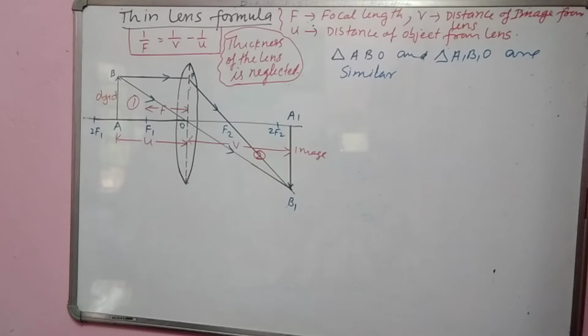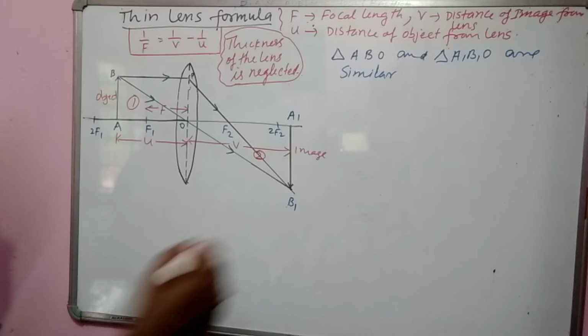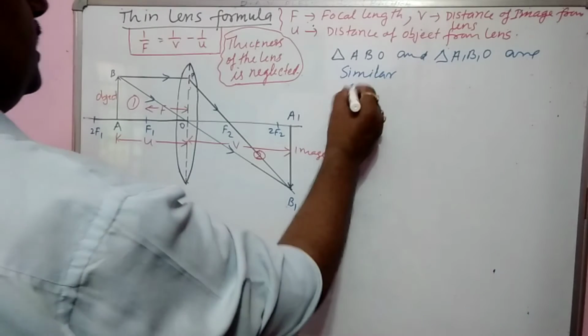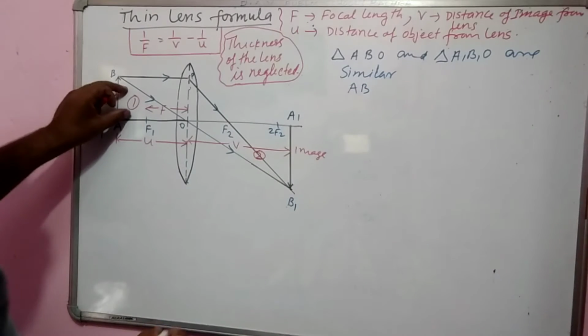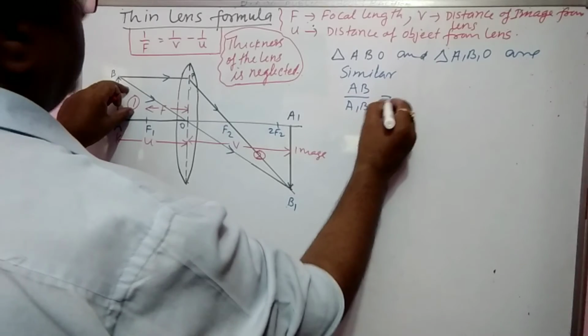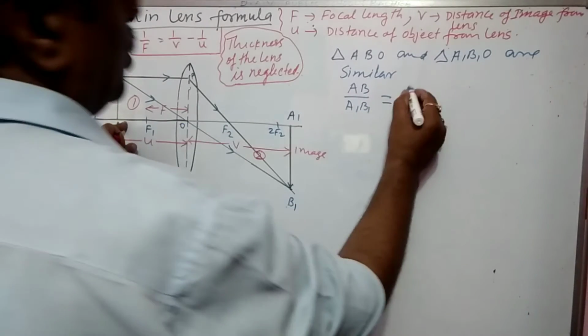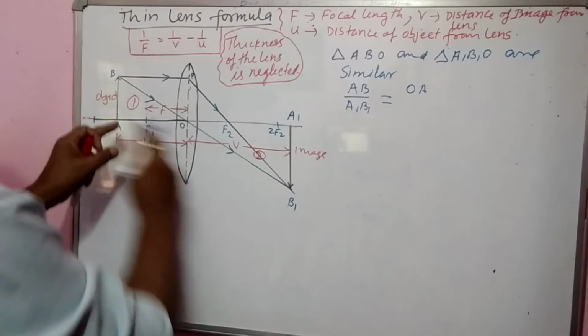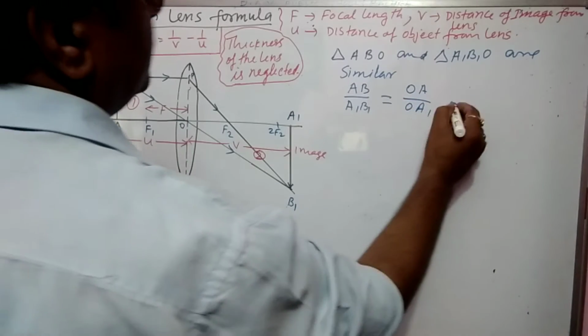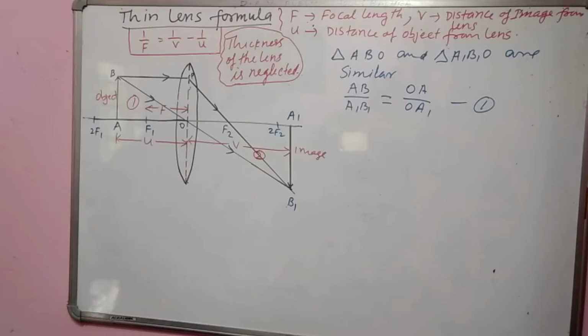So these two triangles are similar, and when triangles are similar, then according to geometry we know that their sides will be proportionate. So we can write sides AB, the perpendicular of the first triangle, divided by the perpendicular of the second triangle, that should be equal to OA, this distance, divided by OA1. This is equation number 1.